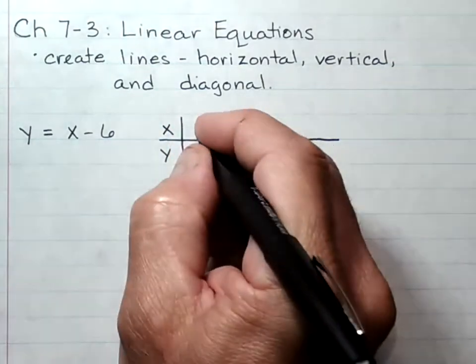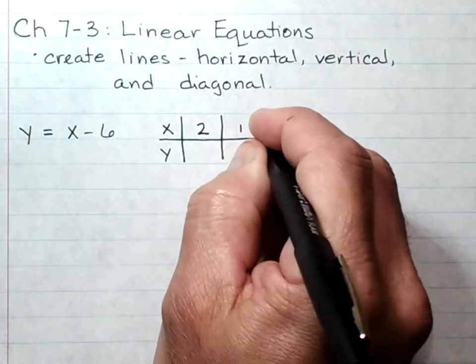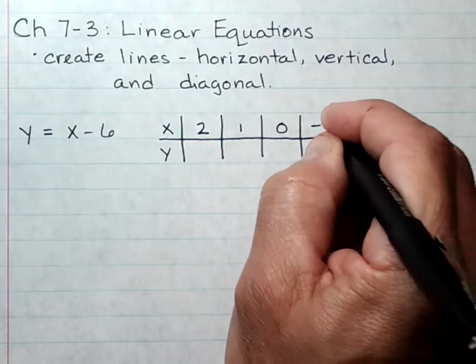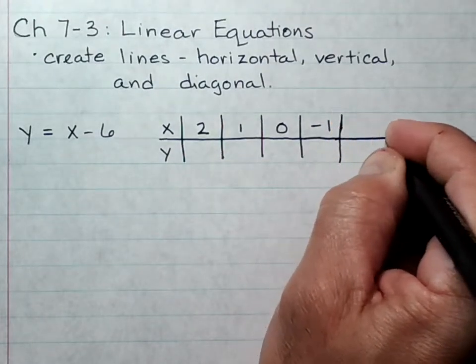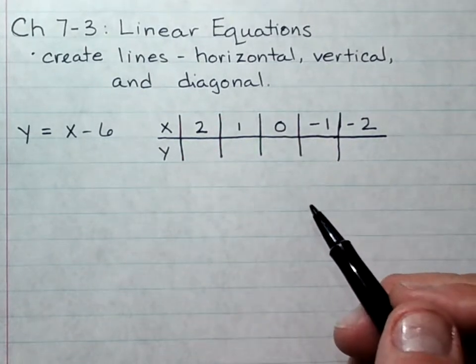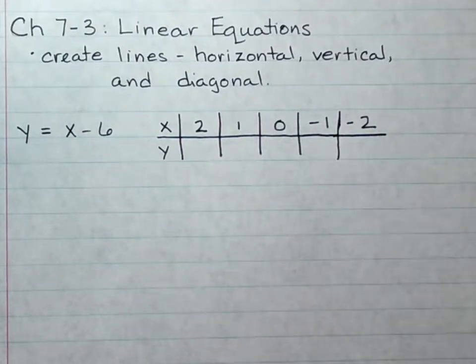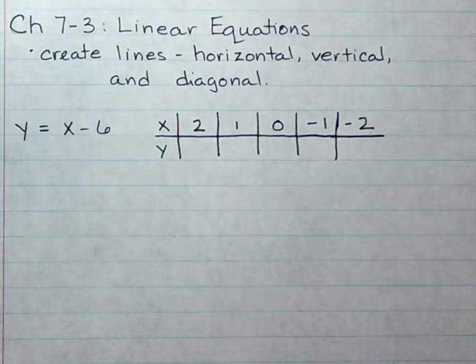And if you remember, I've told you that we're going to try to keep it simple and use the same 5 inputs to represent positive and negative integers as well as 0. The 0 will give us our y-intercept, and then these 2 inputs and then these 2 inputs will give us a graph that will cross the axis. Will give us a fair representation of what we're working on.